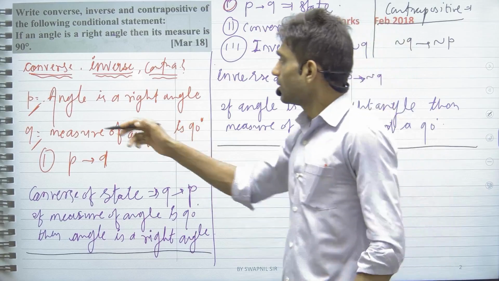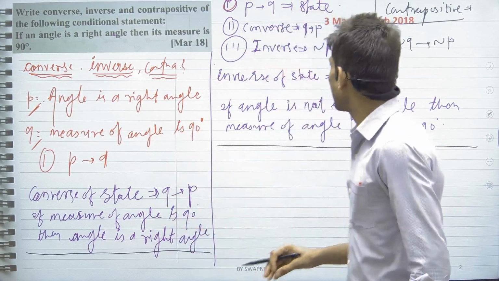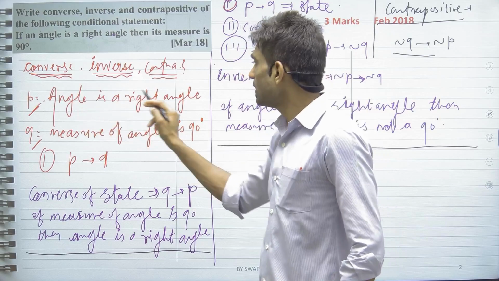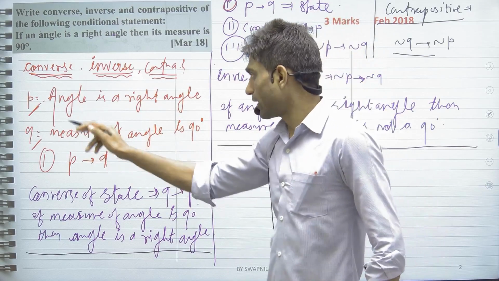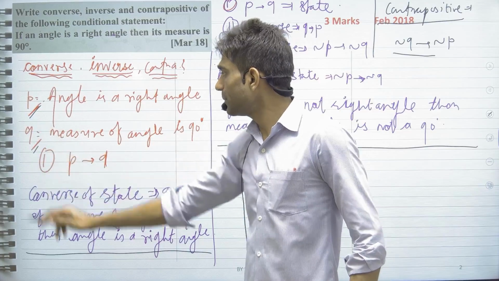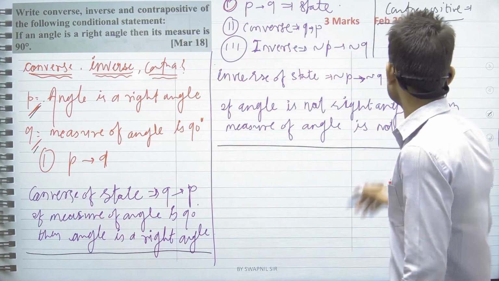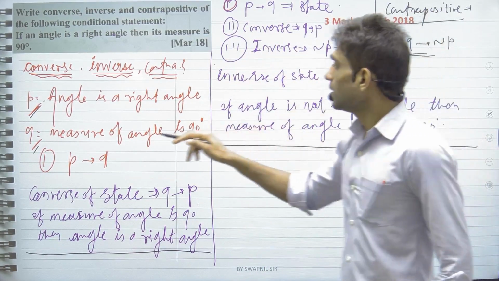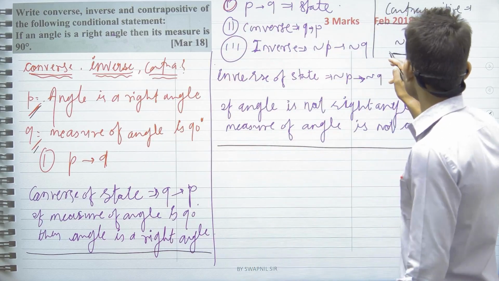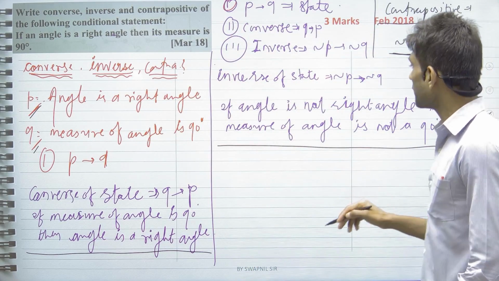We have the statement P, angle is a right angle, and the statement Q, measure of angle is 90 degrees. So negation of Q means if the measure of angle is not 90 degrees.